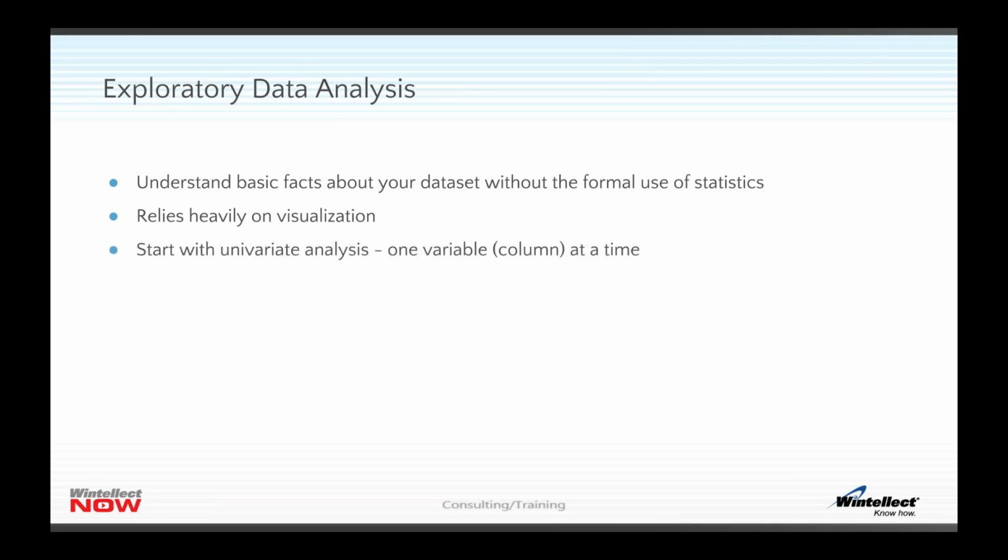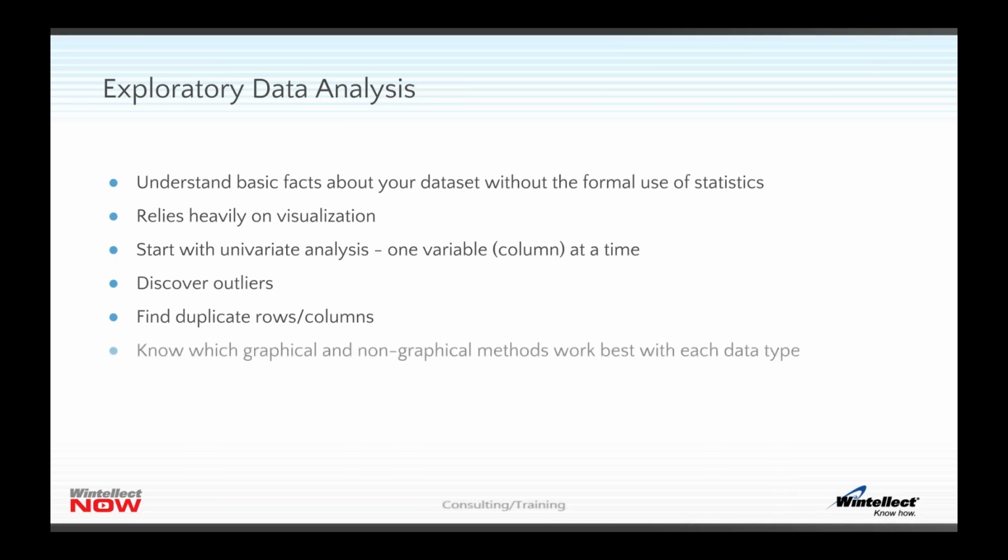And like I mentioned, I like to start with univariate analysis, so one column at a time to keep it simple. And then I incorporate multiple columns. This will help you discover outliers, to investigate possibly at a different time, and find duplicate rows or columns, which is important. We're going to find some duplicate columns in our data set.